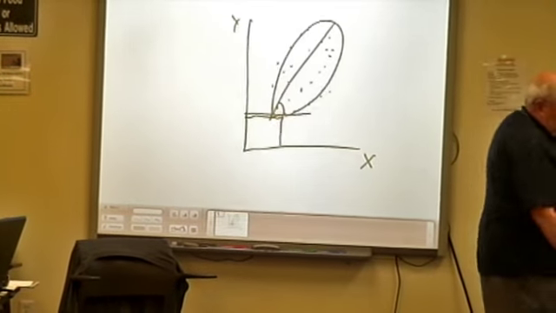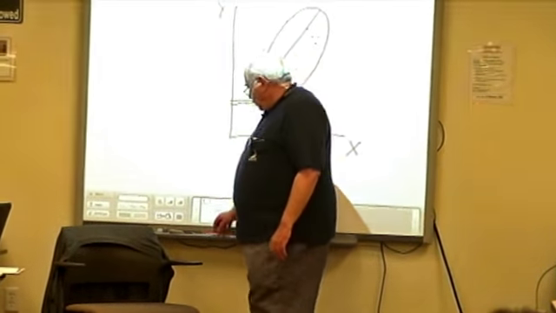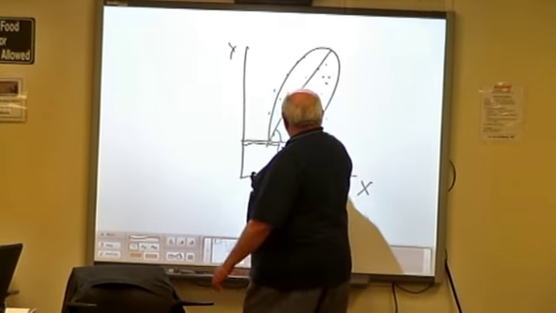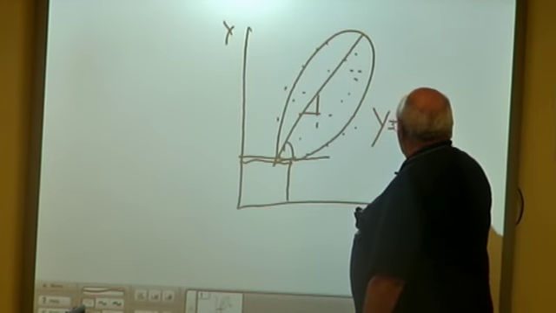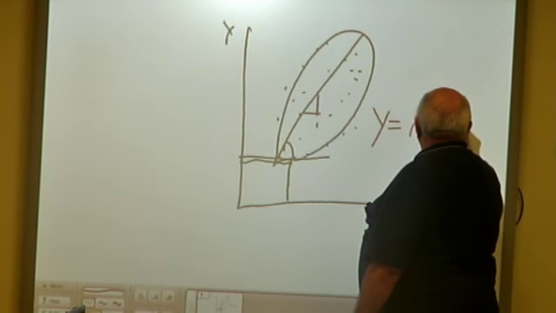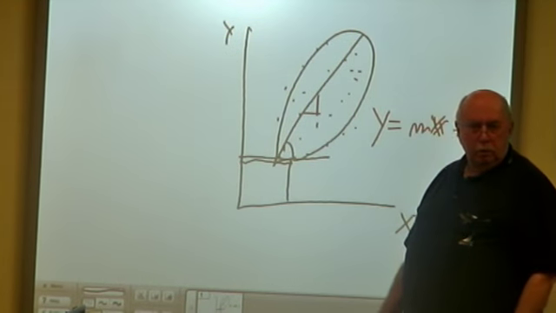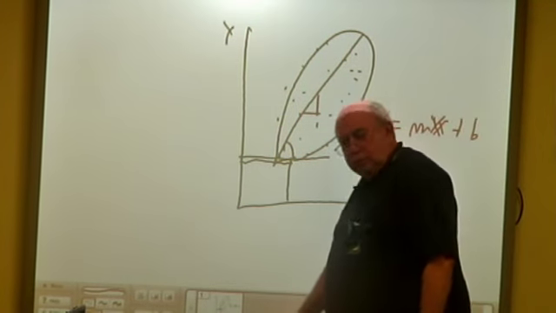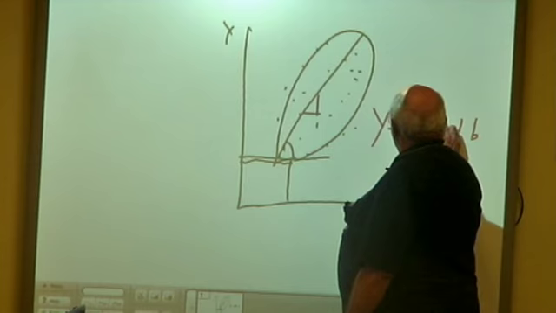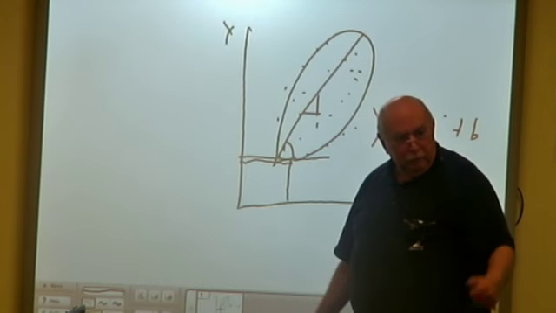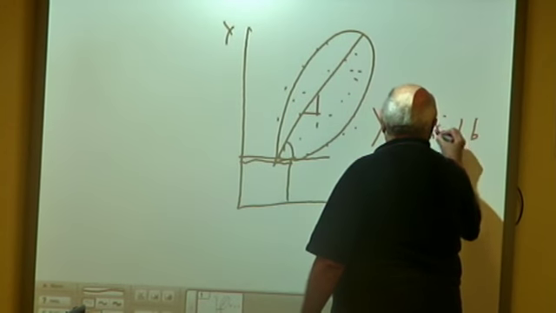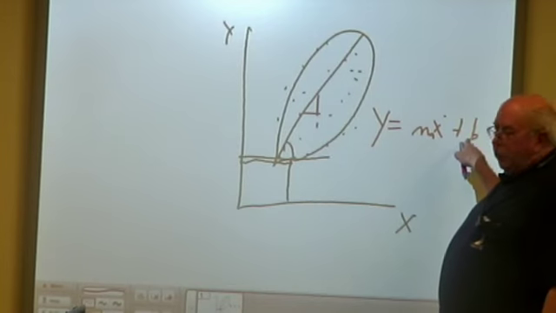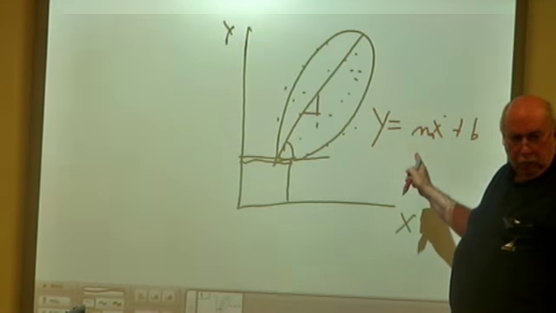Now, if you go back to geometry, remember that you talked about rise over run, and you had y equals mx plus b. You guys remember that? How many remember? Barely. Okay, that b is where the line cuts the y-axis.